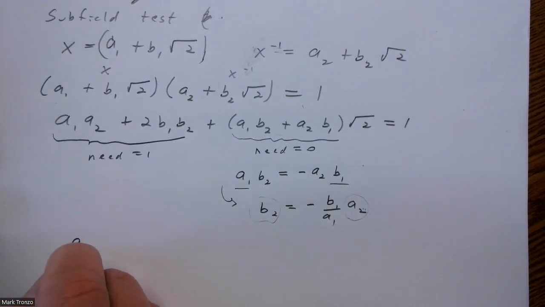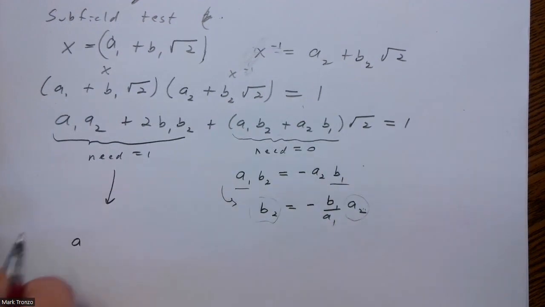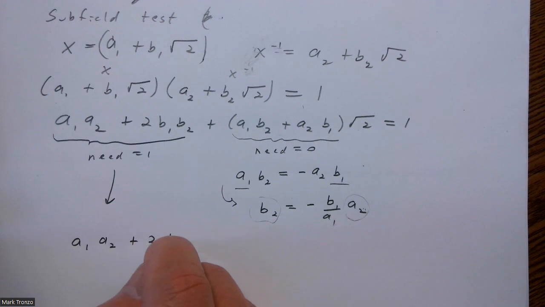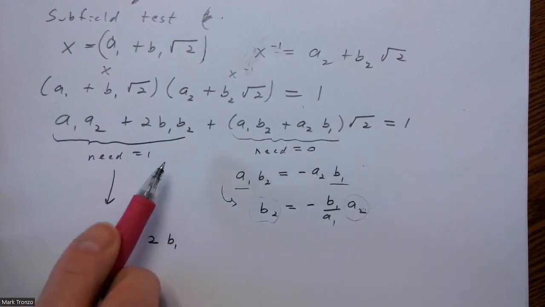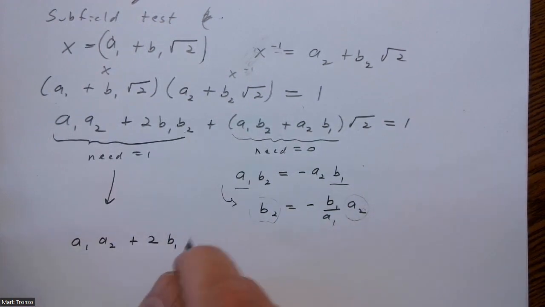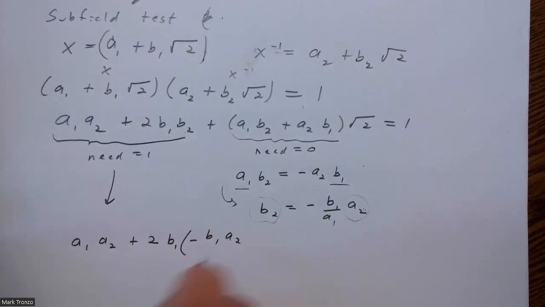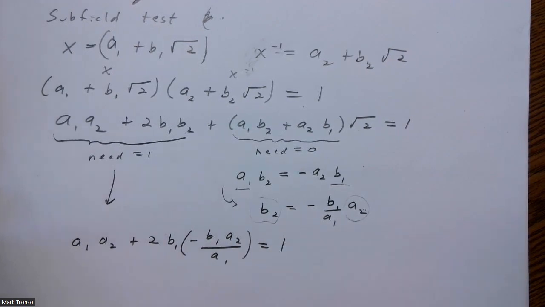So if we put this over here, a1 a2 plus 2 b1, and then I'll substitute for b2 here, negative b1 a2 over a1.